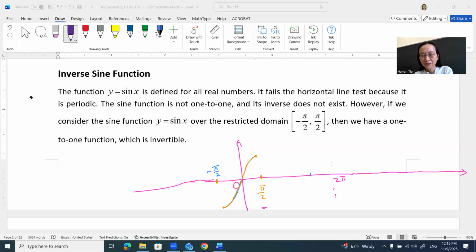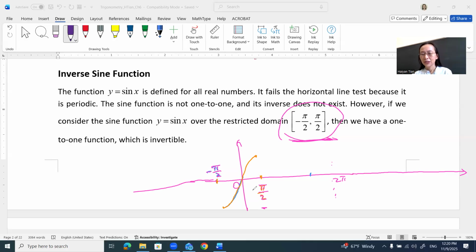When the sine function is restricted to the interval from negative half of pi to positive half of pi, the sine curve is a one-to-one function, and it's possible to find its inverse. With that definition, we can find the inverse sine function.